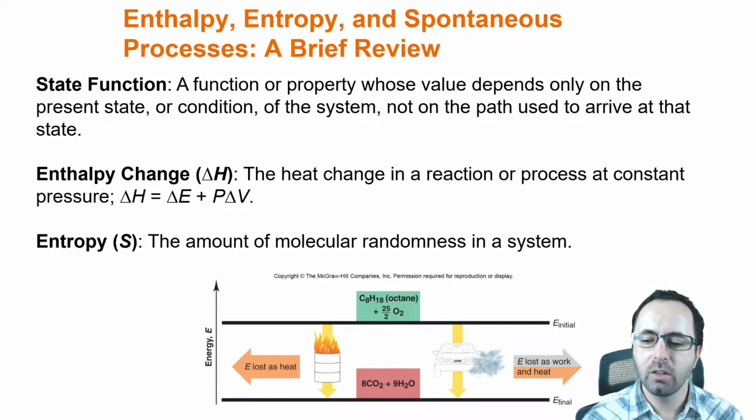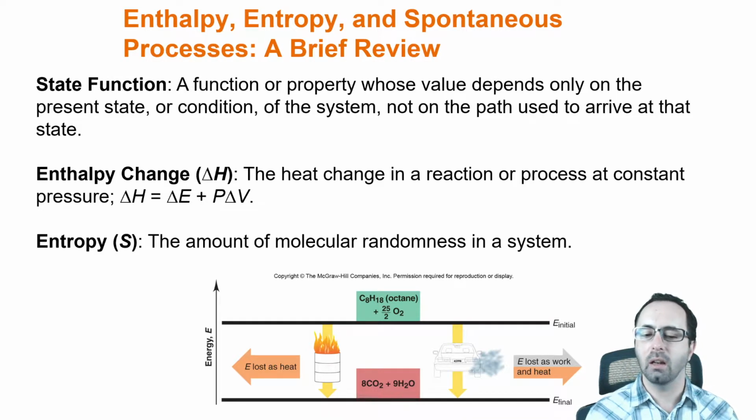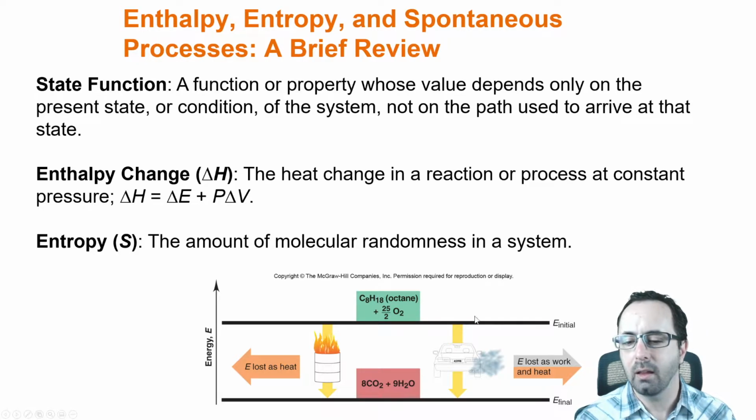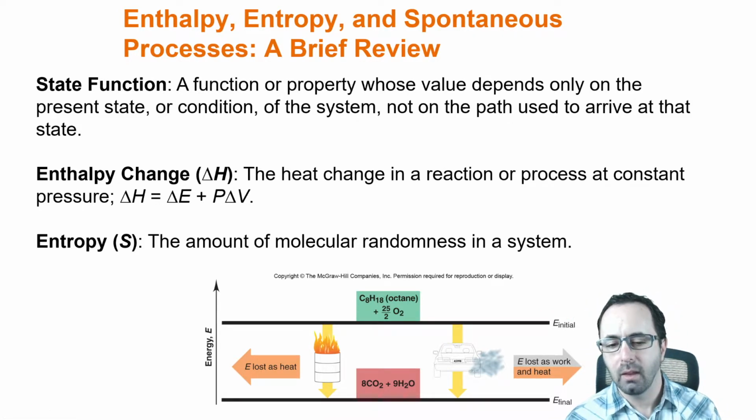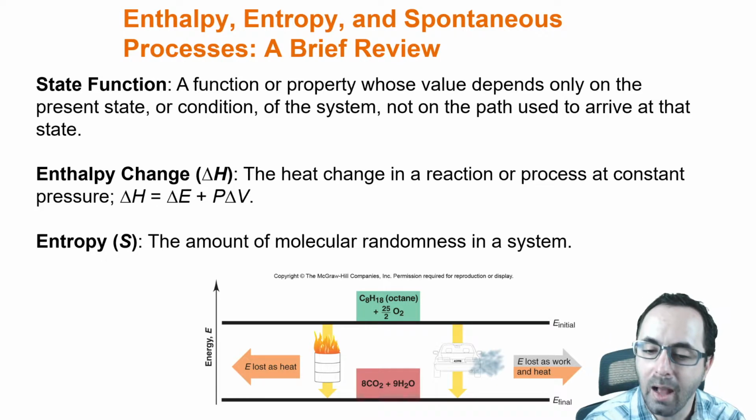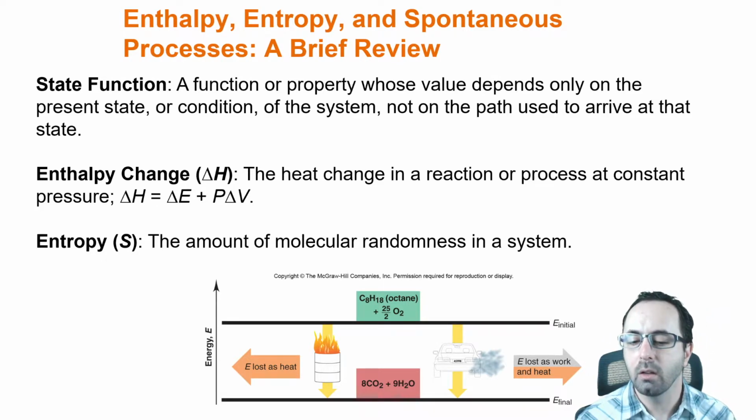So to differentiate between a state function and a non-state function, here we have a set of reactants, which is gasoline and oxygen with a certain energy to them, a certain potential energy. And those reactants can be burned to produce CO2 and water.